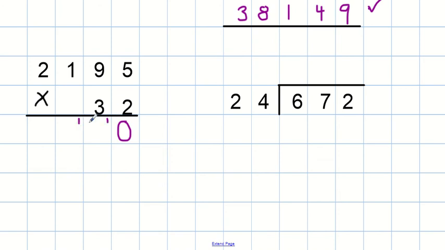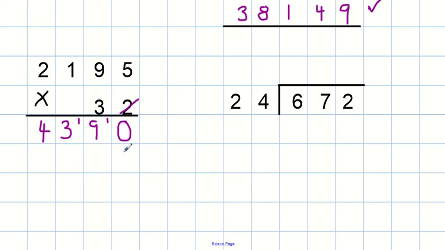Add the 1 is 19. 1 times 2 is, that's right, 2, add your 1, 3. 2 times 2 is 4. Okay, so I've multiplied everything by the 2 in the ones column.